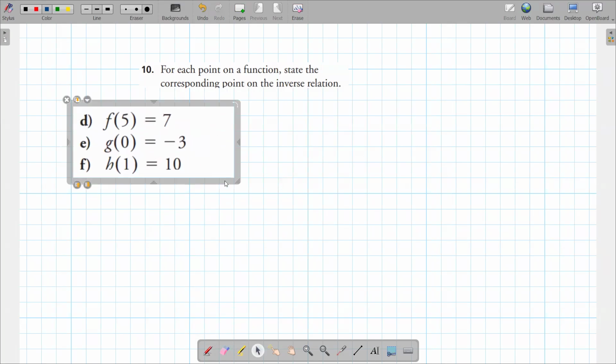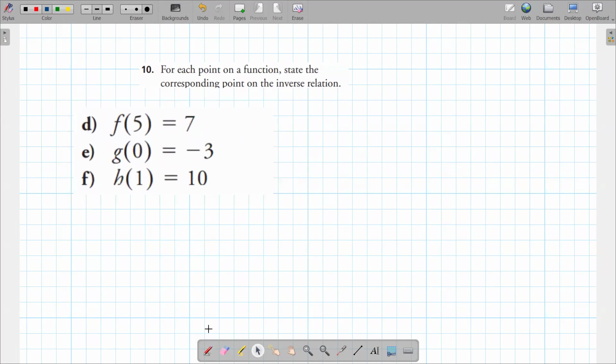So now we want the inverse relation. So you have your function f. When you input 5, you get output 7. This is our flowchart right now. We've been asked to inverse it.